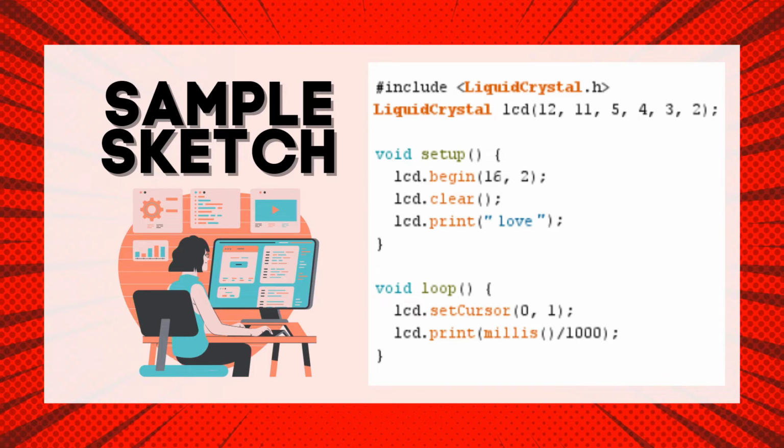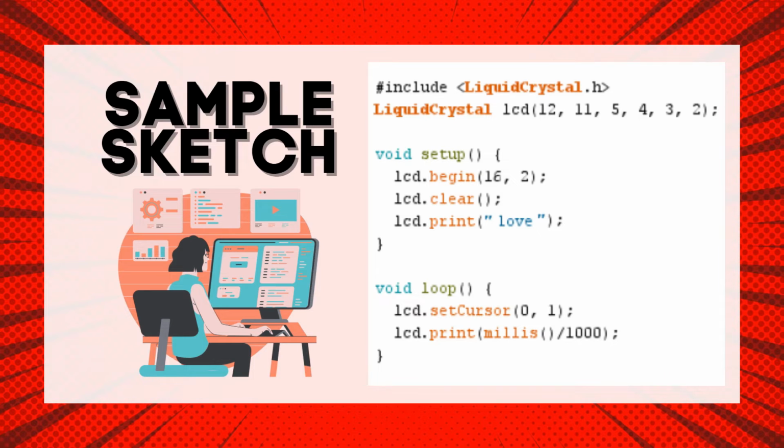The angle brackets mean it will look into the library directory. LiquidCrystal lcd(12, 11, 5, 4, 3, 2) creates a variable of type LiquidCrystal. In this sample sketch, we use lcd as the name of our variable. Shown are the pins for the LiquidCrystal.